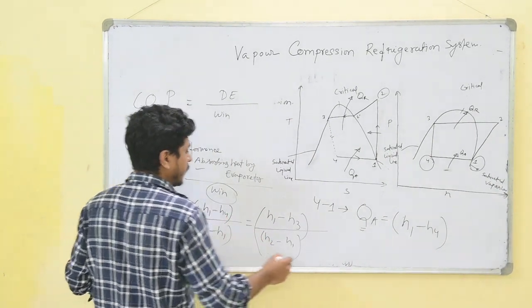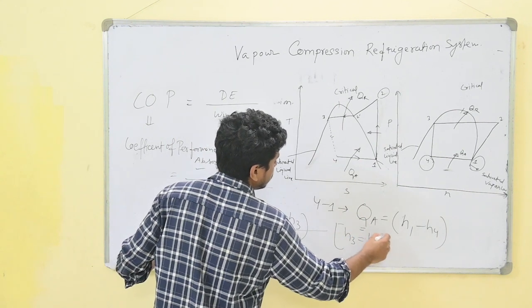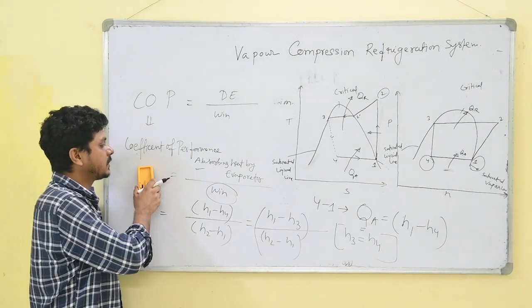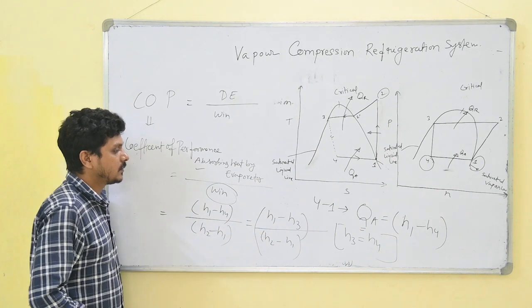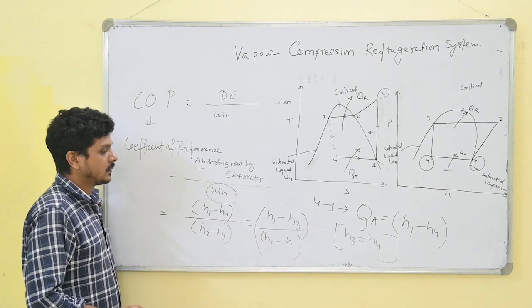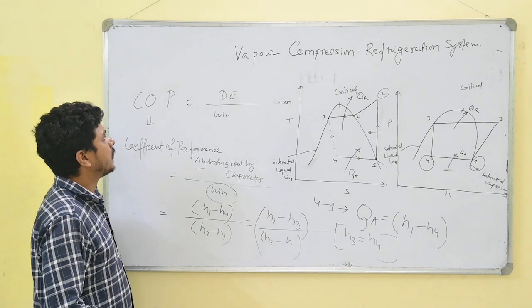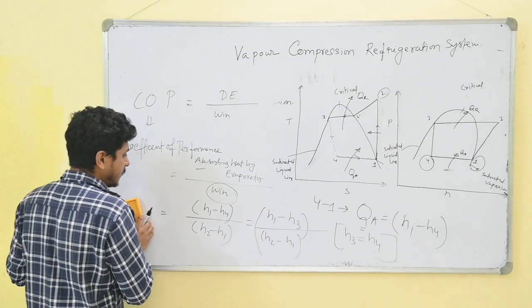As H3 is equal to H4, we write this formula like this: H1 minus H3 by H2 minus H1. This is the whole vapor compression refrigeration system.